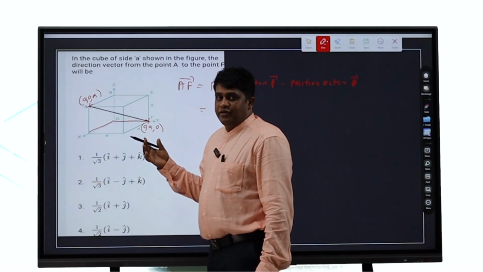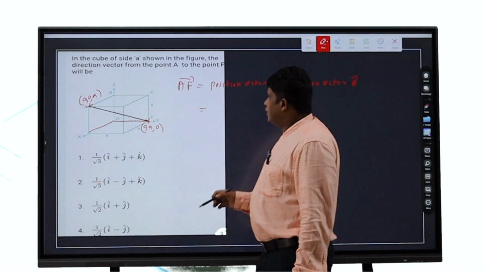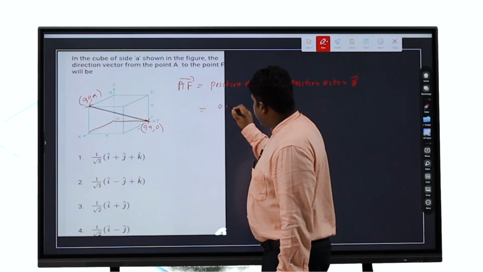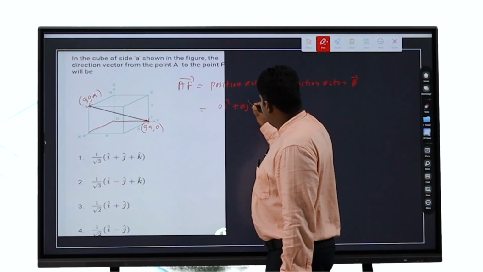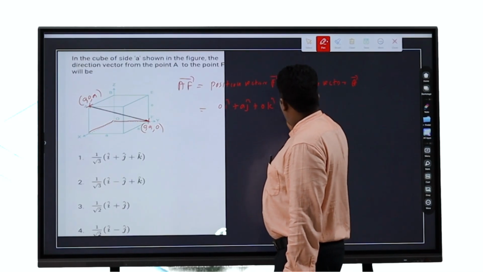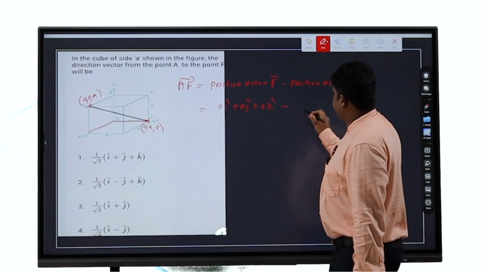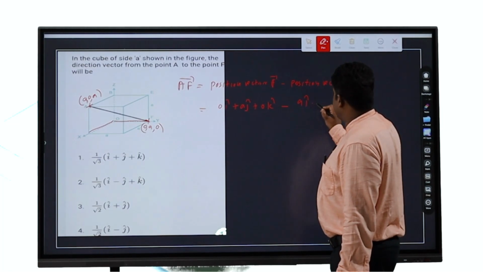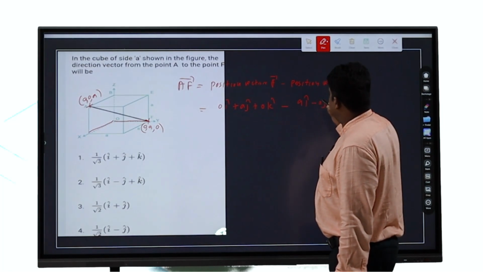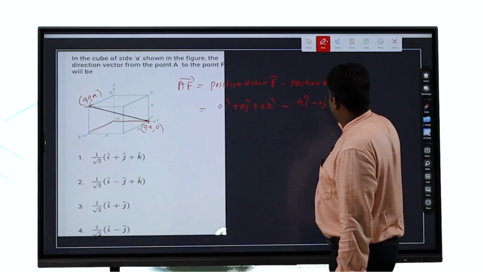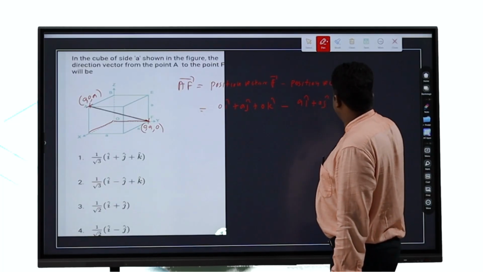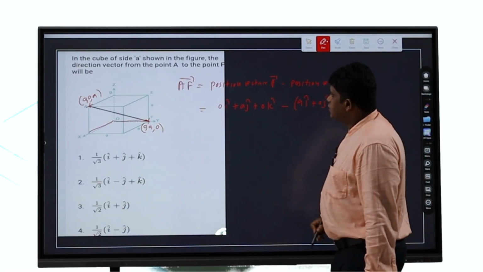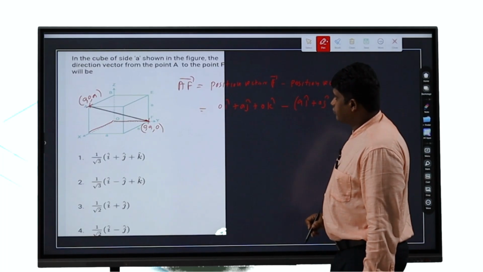The position vector of F is 0i plus aj plus 0k. The position vector of A is ai plus 0j plus ak. Okay, this is for the AF vector.